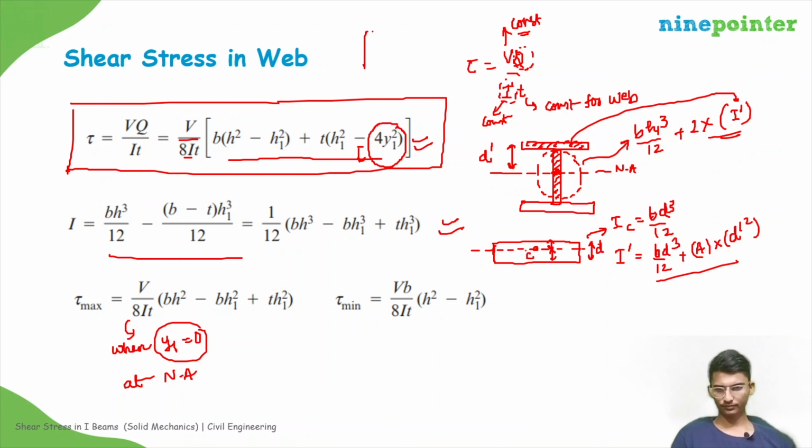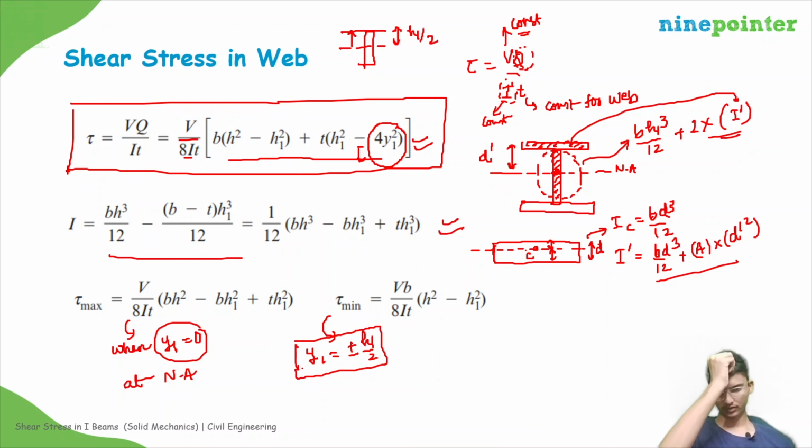So for the web, the y will be maximum at this position, that will be at h1 divided by 2. So shear stress will be minimum when y is equal to plus or minus h1 by 2, at the interface between the flange and the web. So this is tau minimum, this is tau minimum and this is tau maximum, and we know that this is a parabolic variation, right?